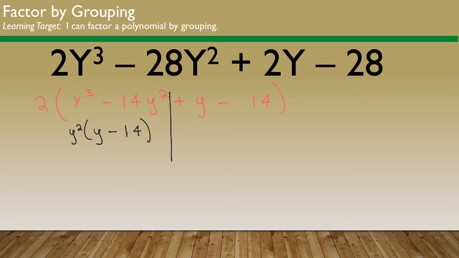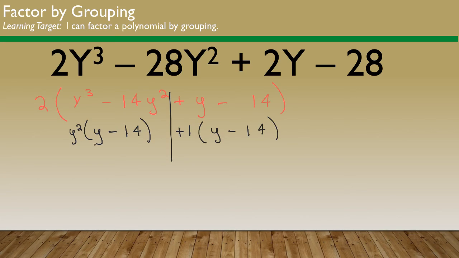Okay, the second group, so there's not really a common factor here. So 1 is the only thing that I can pull out. I have to pull something out, so it's going to be plus 1. I have to have something on the outside of my parentheses. So if there's nothing that you can pull out, always put a 1 there. And this will just stay the same, y minus 14.